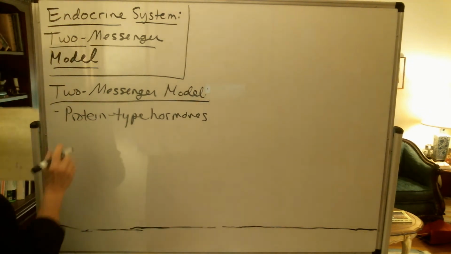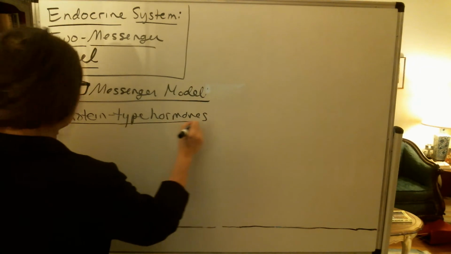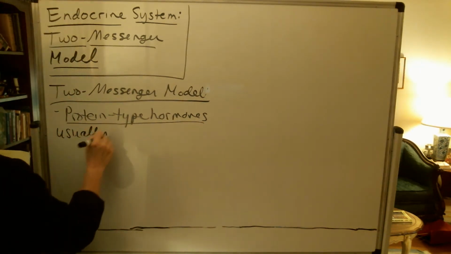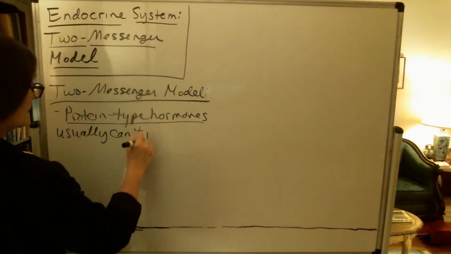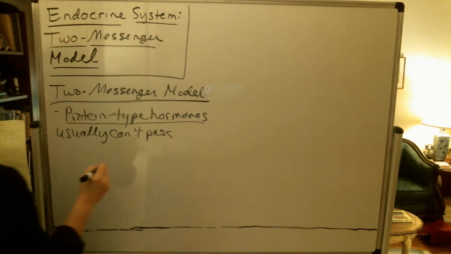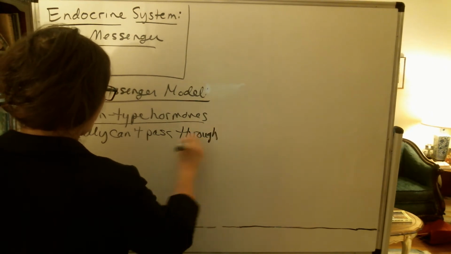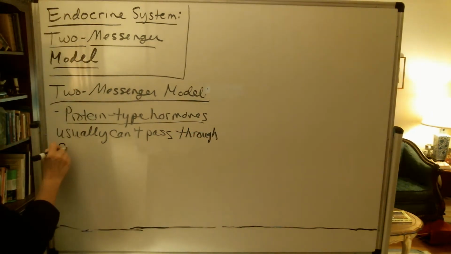So protein type hormones usually can't pass through cell membranes.